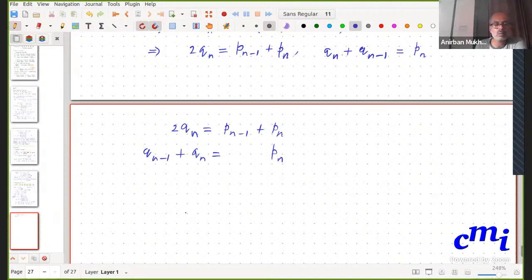Now what we want to do is eliminate Pn minus 1 and Qn minus 1.